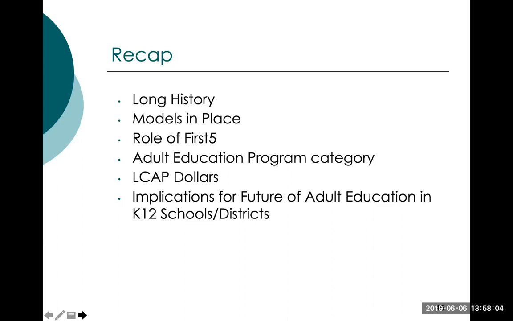We know we need some work there, but we need to keep our eye on that and advocate for that. We talked about the use of LCAP dollars, or LCFF dollars actually, and different ways that can be done. And then I hope that we painted a picture of existing connection and opportunity for deepening that connection between adult schools and their K-12 districts for the betterment of both entities, the students, the families, and of course the community.